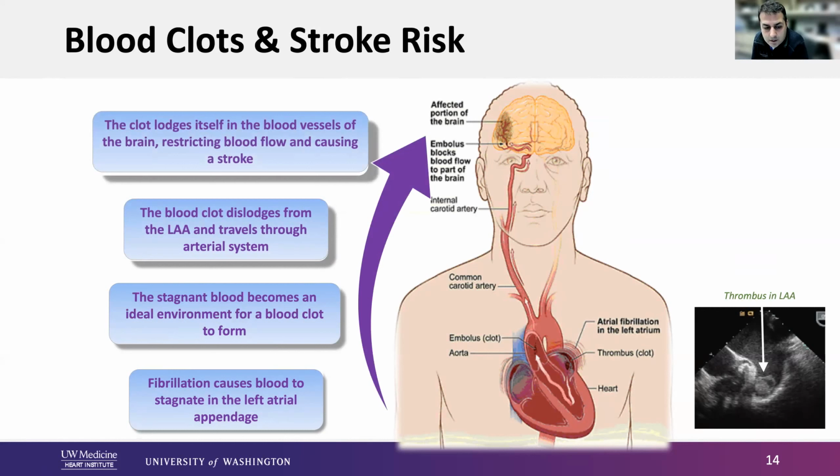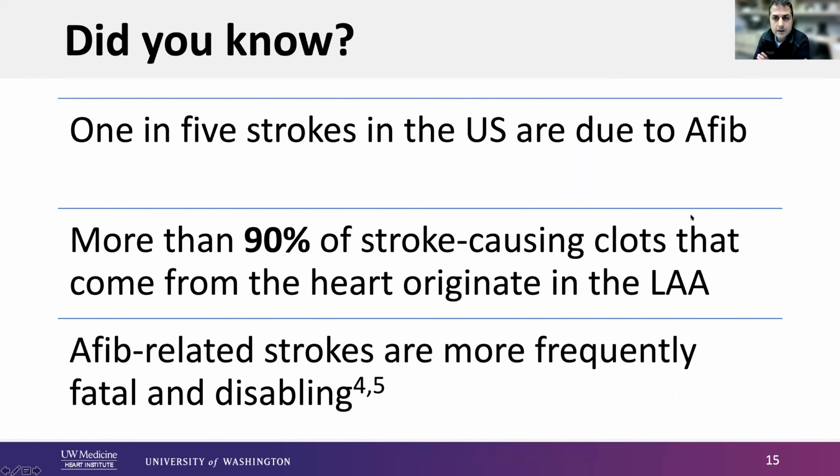And if it finds a vessel downstream that's just too small for it to keep going, it will stop there, but it will occlude that vessel. And if it happens that this vessel is one that's going up to the brain, then that part of the brain that's fed by this vessel will then suffer because it will stop getting any blood flow. And this is how strokes happen when you have atrial fibrillation. So this is sort of how it happens.